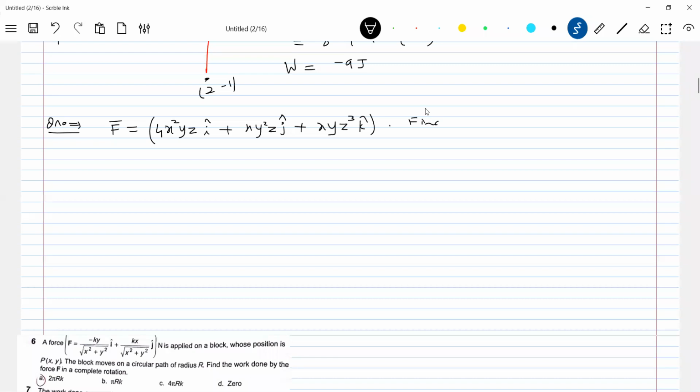Find the work done by the force in moving from 1 comma 0 to, from A to B, 2 comma minus 1 3. Okay, the same thing. Earlier it was like a plane, the force was acting in a plane. Now I just took the 3-dimensional one.